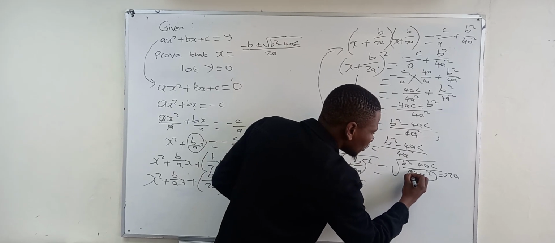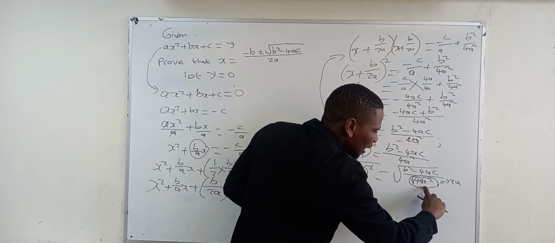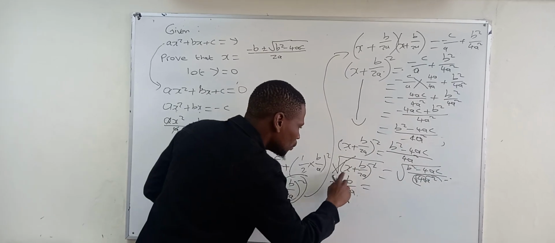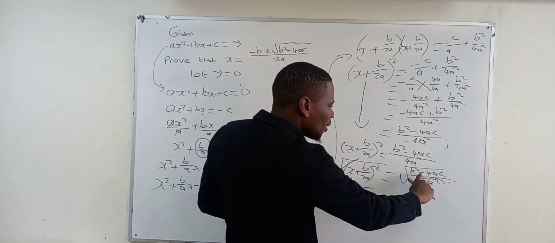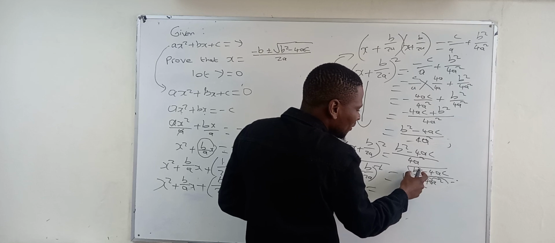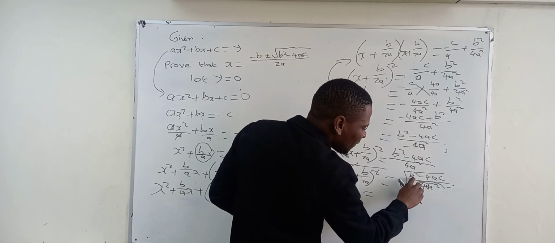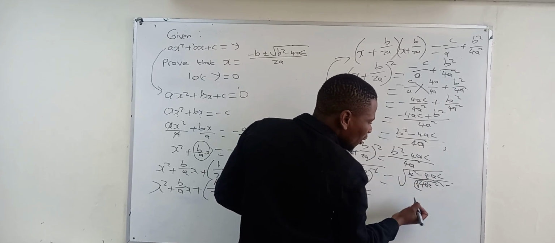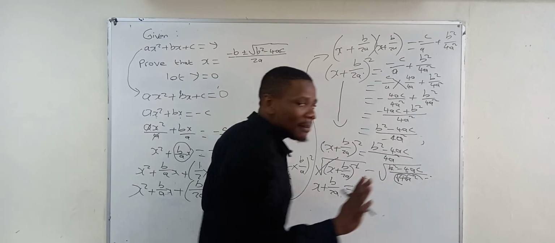Because the square root of 4 and the square root of a squared will be 2 multiplied by a, which is 2a. So from here we do what? This one is simplified, we dropped it. So because of this one, we cannot simplify the unknown. We have b squared, it's a perfect square. We have 4, it's a perfect square, but the values of a and c are not perfect squares, so we leave them as they are.